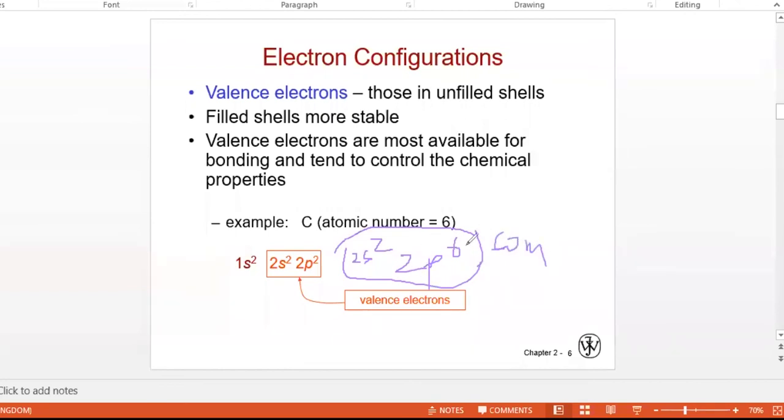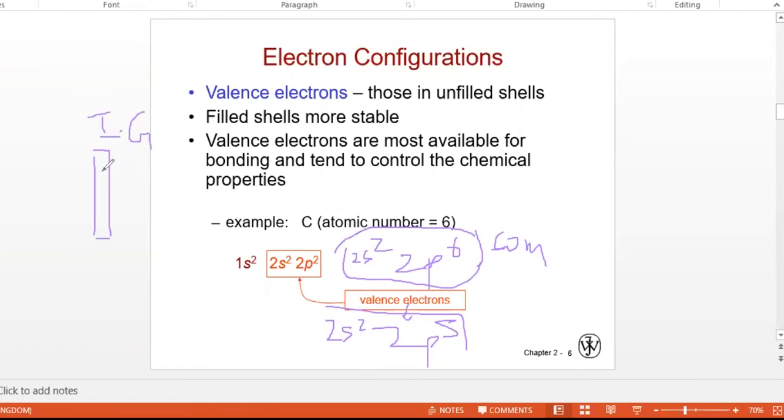Until 2p6 is achieved, all those in the last shell are valence electrons. So up to 2s2 and 2p5, these are all valence electrons. If it achieves 2s2 and 2p6, then there is no valence electron, so that is more stable. This is our last, eighth column of elements, the inert gases, right?